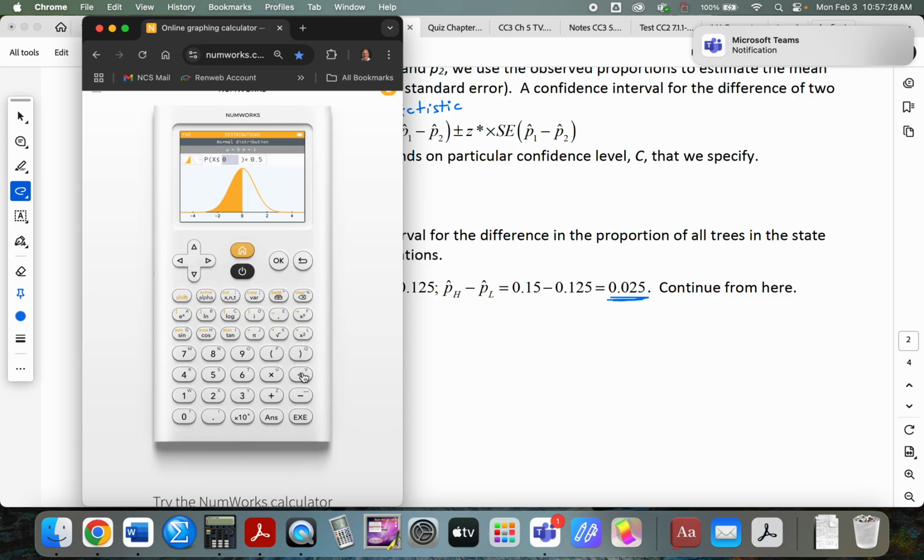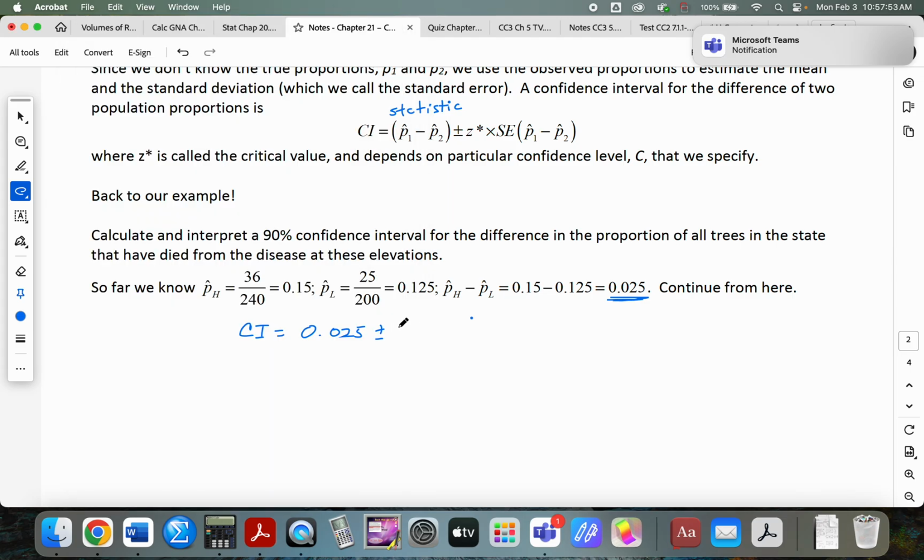And because it's an interval, we want to get 90% in between the two. So I go back over here and do in between the two and give me 90%. So that's 1.645.